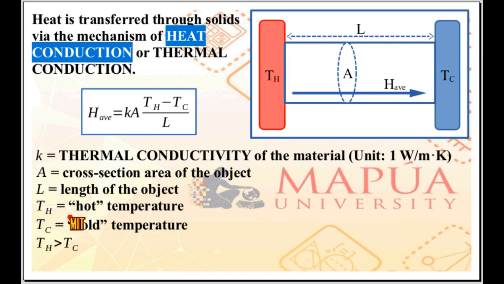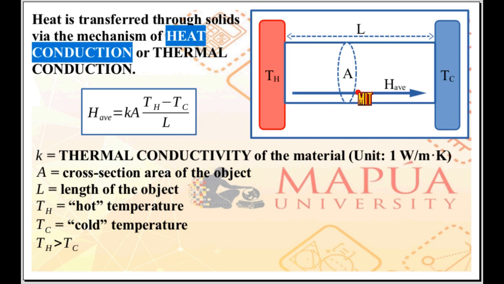TH is considered the hot or higher temperature side, and TC is considered the cold or lower temperature side. TH is greater than TC. Heat will flow from hot to cold. That's the normal direction of heat flow.